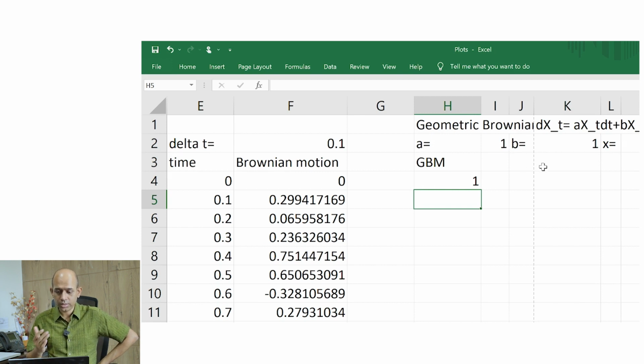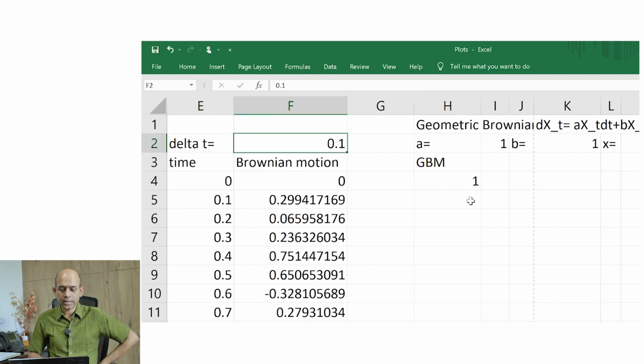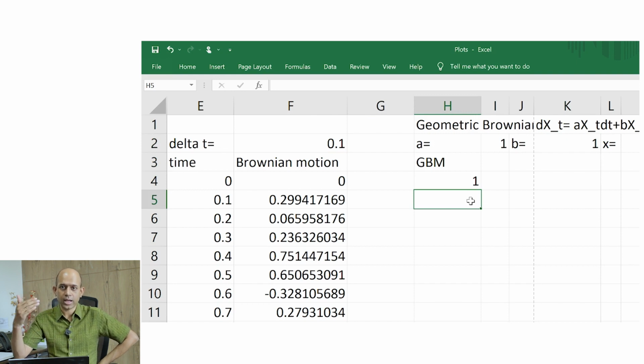Now when we try to simulate, we would first need to find X at the dt time, that is 0.1 for our case, and then based on that we find X at 2 times dt, then X at 3 times dt, etc. For every time, X at that dt time is the earlier X0 plus the increment.